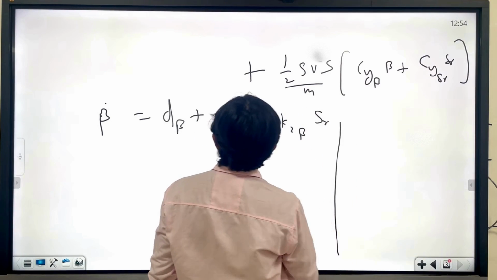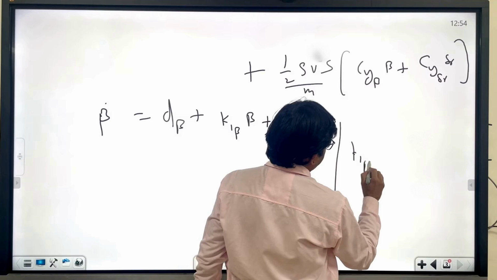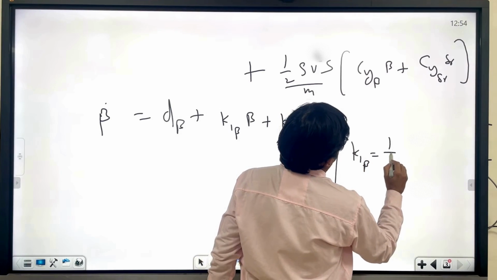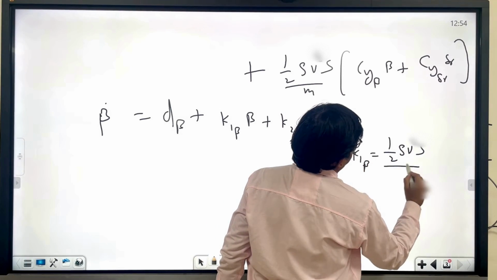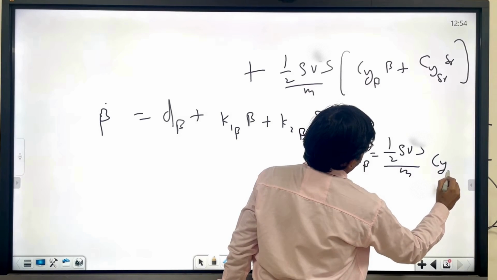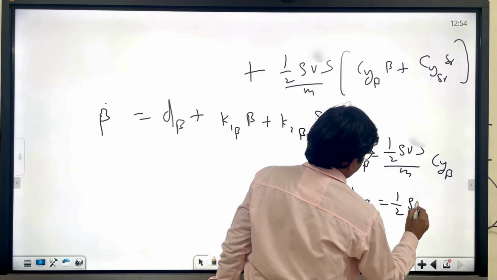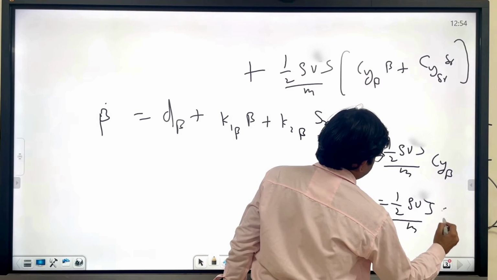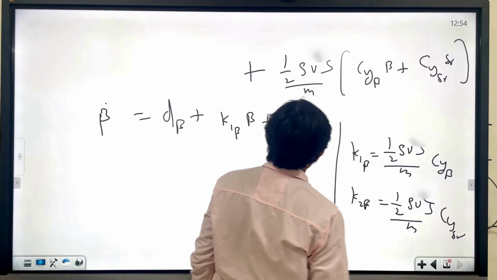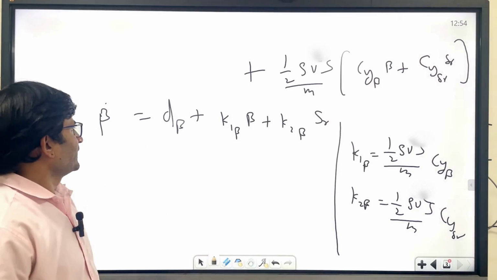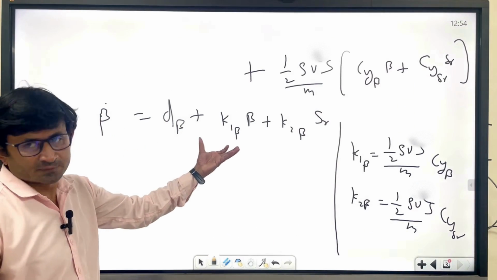So what do I mean by this k1 beta? K1 beta will be half rho V square S by m into Cy beta. K2 beta is half rho V square S by m Cy delta r. Simple, right? Now you have a simple equation.